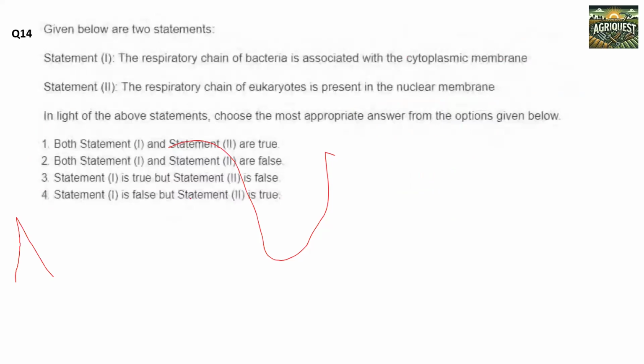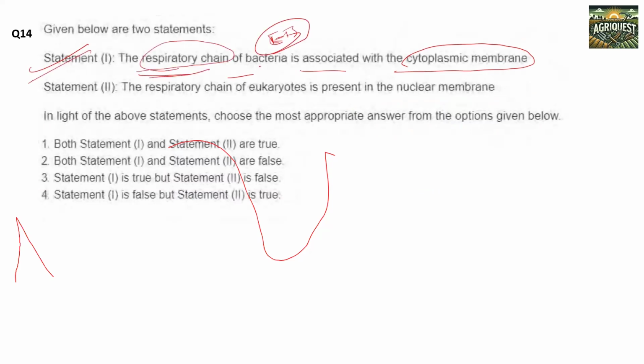The respiratory chain of bacteria is associated with the cytoplasmic membrane. This is correct, because the ETS, electron transport system, generally happens in the respiratory chain of bacteria associated with the cytoplasmic membrane. Statement 2 says the respiratory chain of eukaryotes is present in the nuclear membrane.